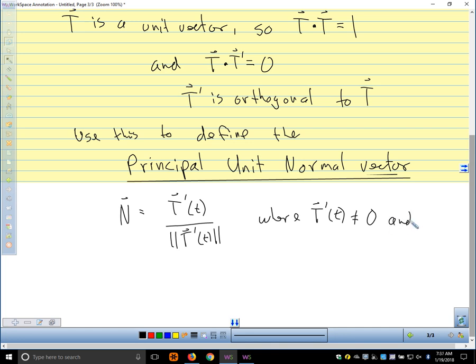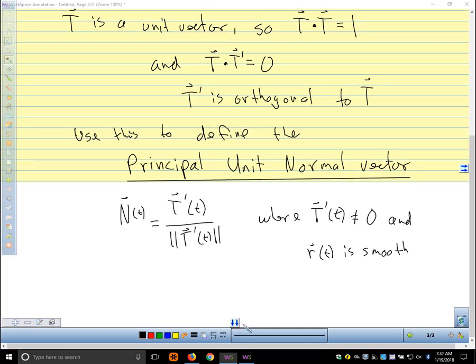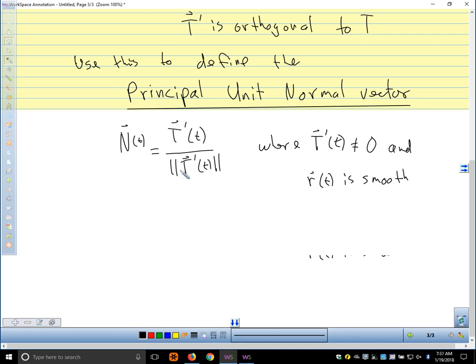And r of t is smooth. So we need to be able to find a unit tangent vector, and we need T prime not to be 0. And the reason we call it, and I'll write the functional dependence here, N of t, because it varies in time. The reason we call it the principal unit normal vector is by defining it this way, N of t points to the concave side of the curve.